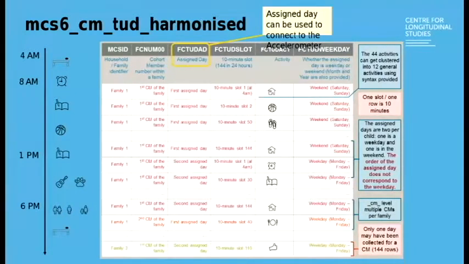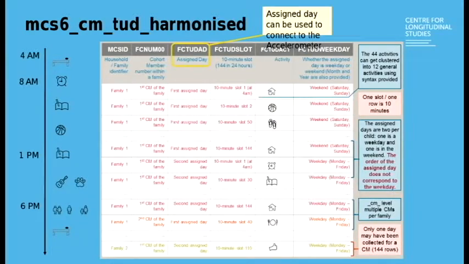It's important to again remember that the first assigned day is not necessarily a weekday. You need to use the weekday variable, which is the same as the accelerometer weekday variable. There may be multiple cohort members in the family, that's why we need the CNUM.